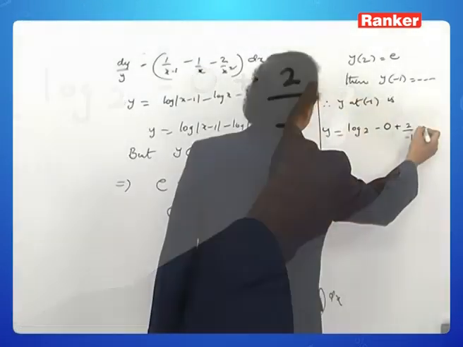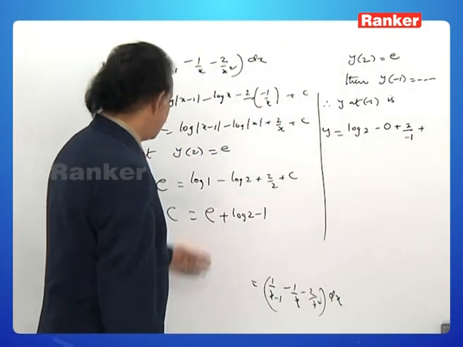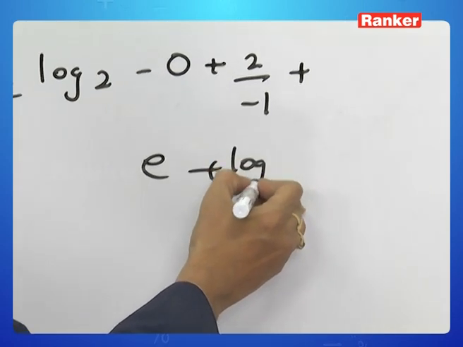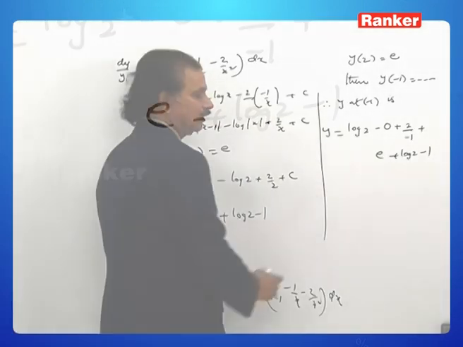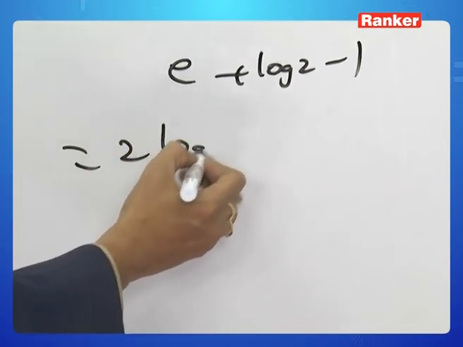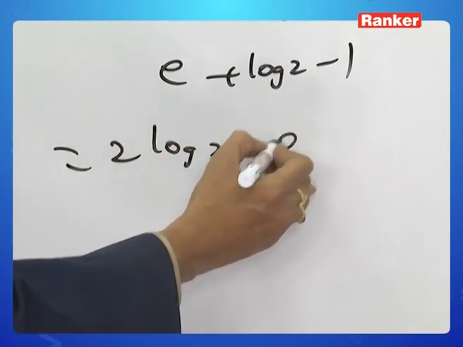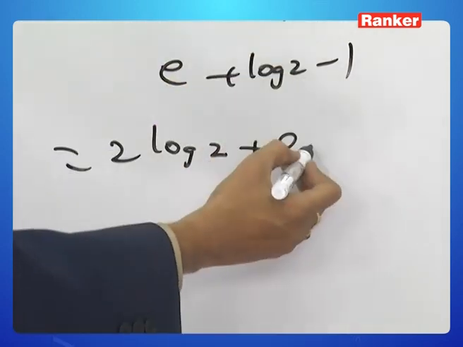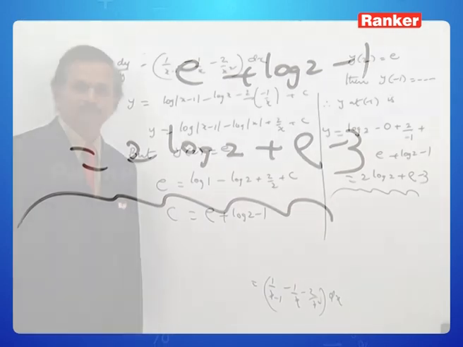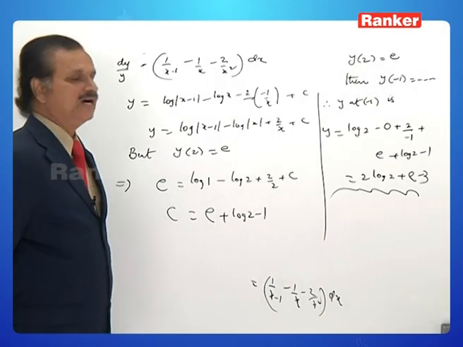Then 2 by minus 1 plus c. What is c? E plus log 2 minus 1. All together, log 2 plus log 2, 2 log 2 plus e. 2 minus 1 is minus 2, minus 1 is minus 3. That is the answer. Is the answer available?